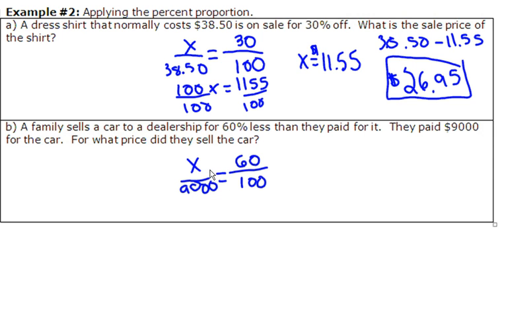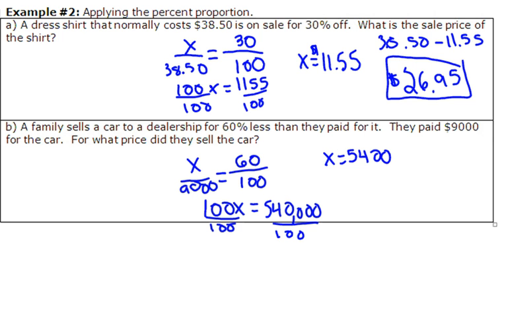So I'm going to cross multiply. 100 times x is 100x. 9,000 times 60 is 540,000. So now I divide by 100. So when I divide by 100, I get x equals 5,400.